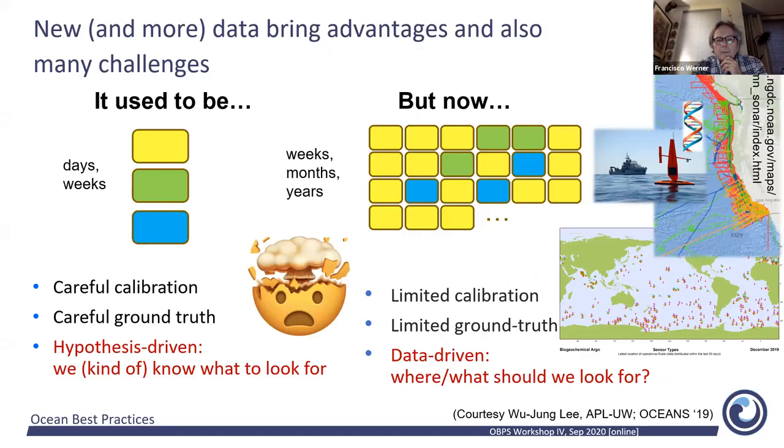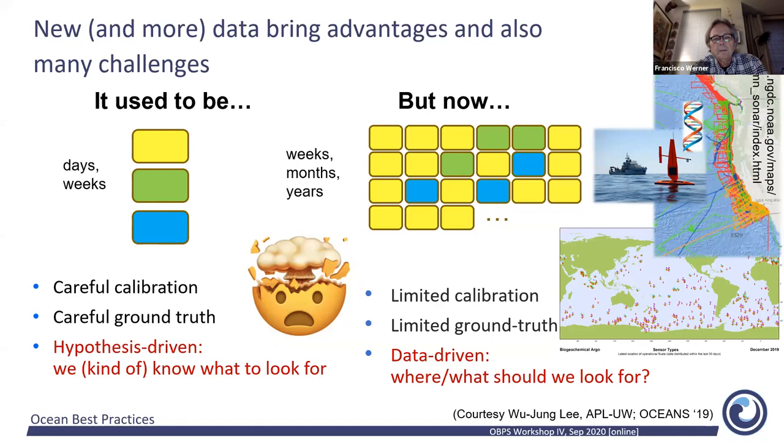So not only are we talking about different scales in terms of the challenges that we have of what we're measuring, spatial scales, but we're also considering now that we have a whole host of new methods that we can use. And this schematic is one that I borrowed from Woo-Jun Lee from the University of Washington, where she nicely broke it down, saying it used to be simple, on the left-hand side.